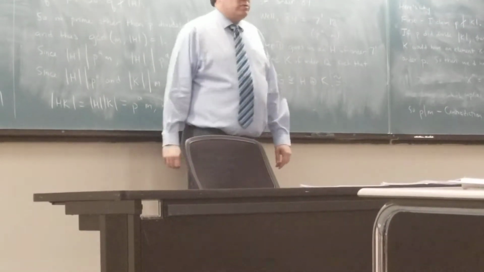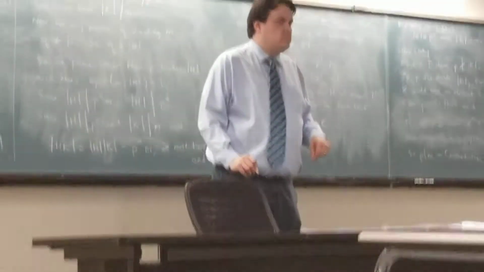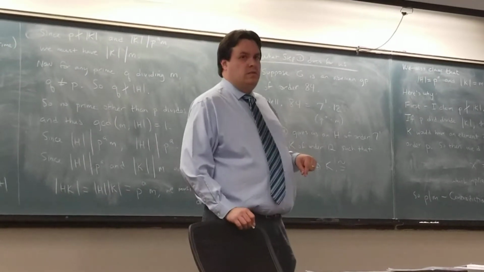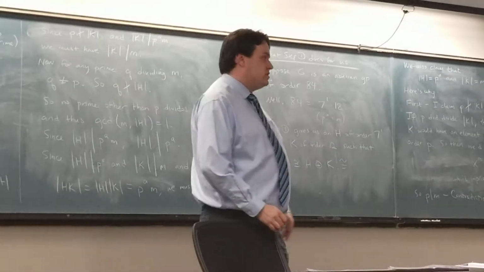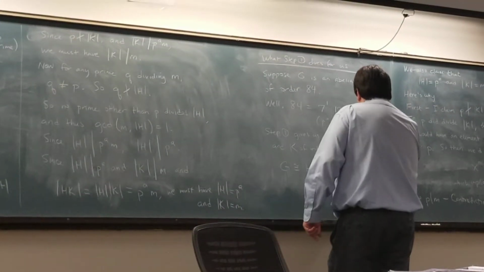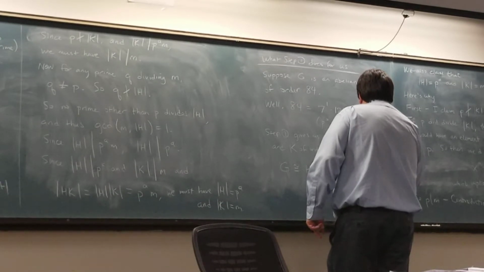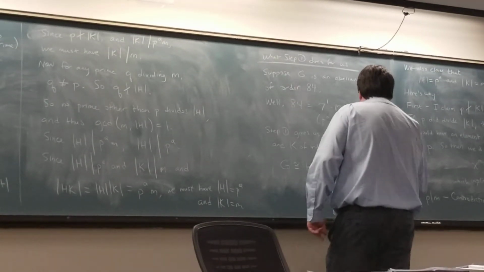If you've got a group of order 7, what does it have to be isomorphic to? It's got to be Z mod 7. It's got to be cyclic, and a cyclic group has to be isomorphic to Z mod n if it's finite. So it's got to be Z mod 7 plus some other group which has order 12.